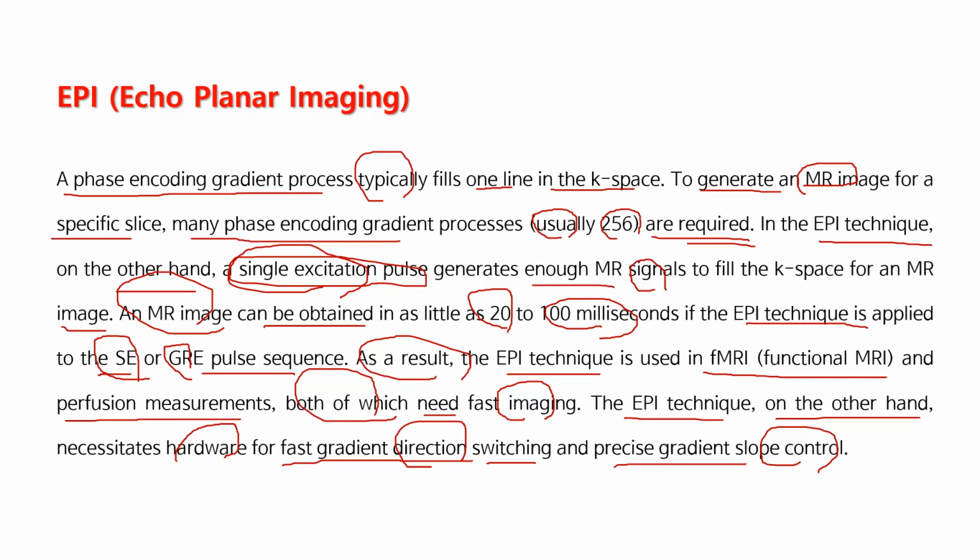In those cases, we use software. In the EPI technique, we need the hardware, because we have to change gradient direction very fast, and also we have to control the gradient slope very precisely each time. For this purpose, we need some hardware to do this faster processing.